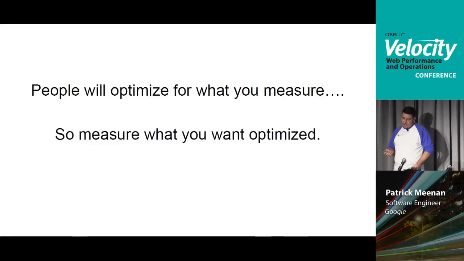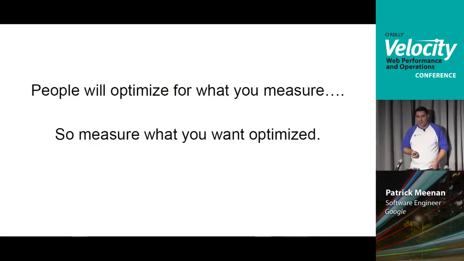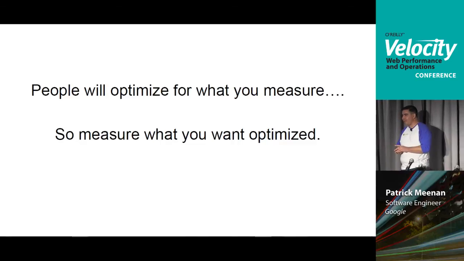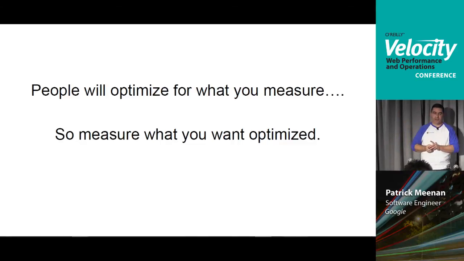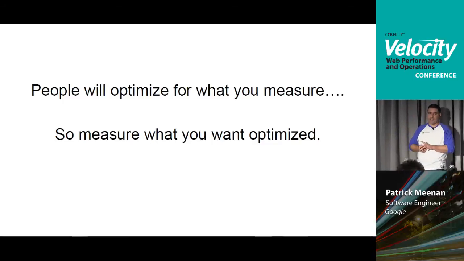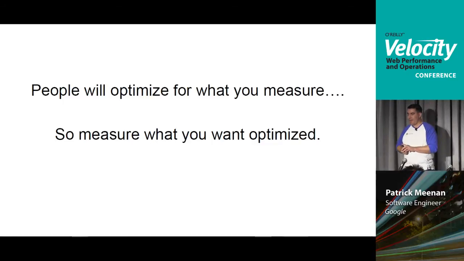And I'm probably going to get you out to lunch way earlier, but the main point I wanted to make, and I wanted you all to take back with you, is whatever you measure is what people are going to optimize for. And it's not just your dev teams, right? If you hold a dev team accountable for the onload time, they're going to find a way to make the onload time faster.